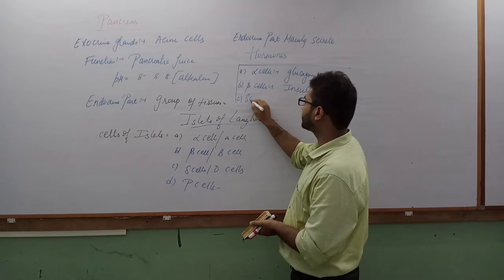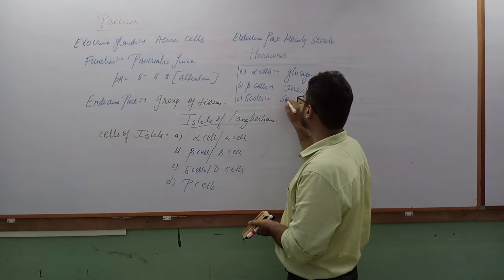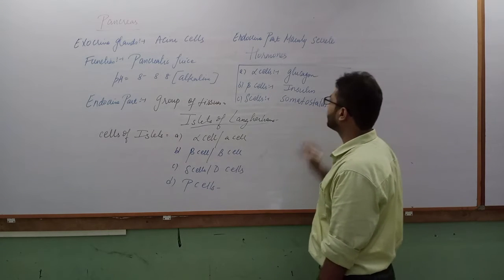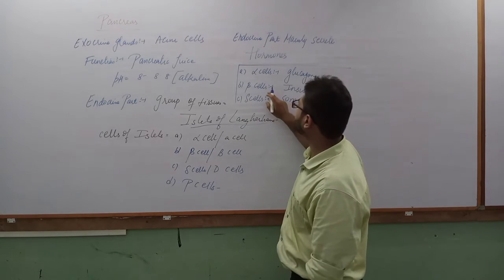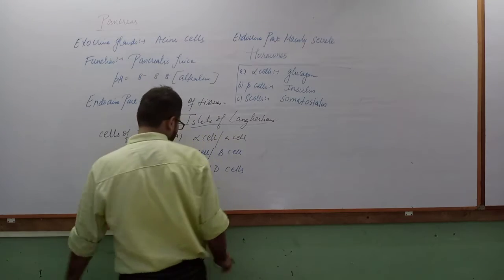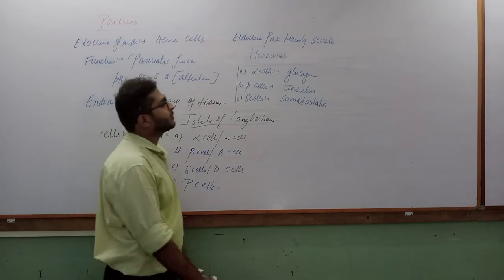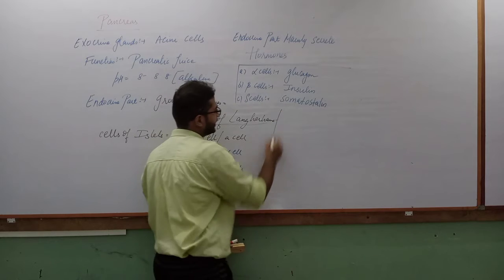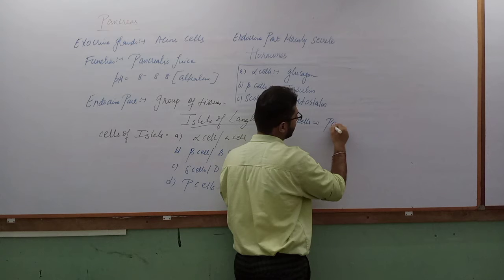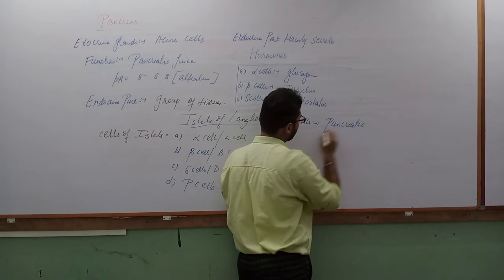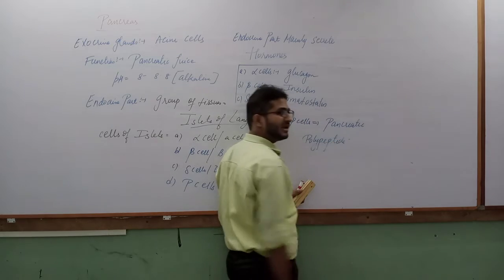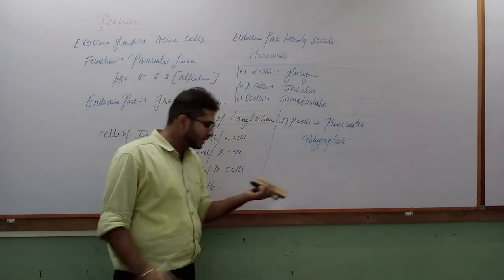Delta cells secrete somatostatin. So the alpha cell secretes glucagon, the beta cell secretes insulin, and the delta cell secretes somatostatin. And these PP cells secrete pancreatic polypeptide. Clear?